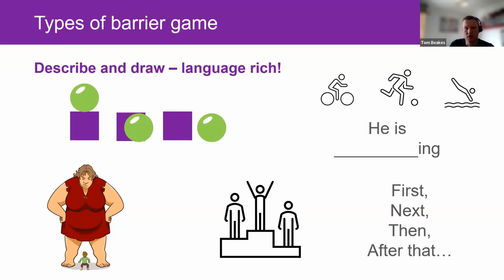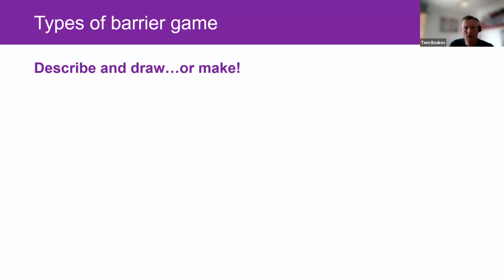So as you can see, they're just brilliant ways of bringing in lots of language as well as content stuff as well. And it's important to know that not all students are very artistically inclined. So a way of making describe and draw a bit less artistic could be to turn it into describe and make. One of the ways that I've seen this done really successfully is making pictures with shapes, or with 2D cutouts of shapes.